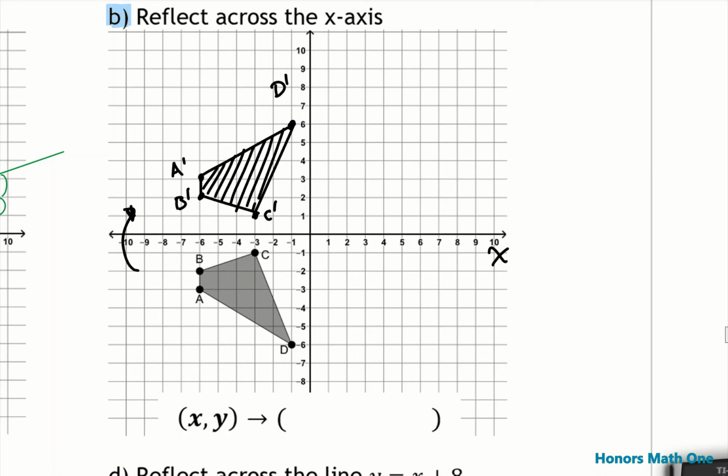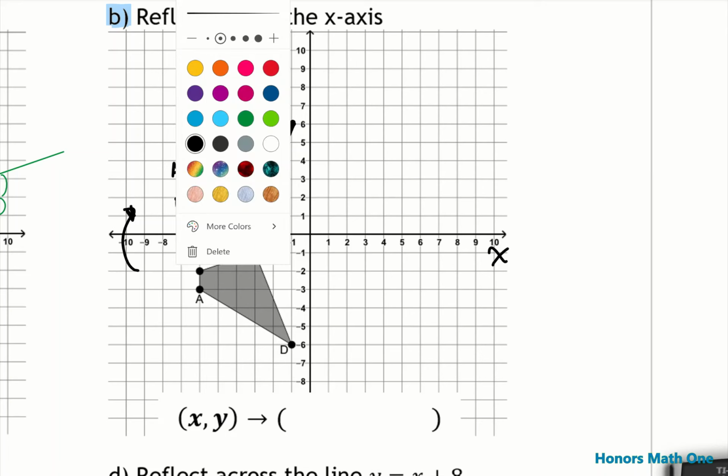And the rule that transforms this is pretty nice. You can see that the x values aren't changing at all, right? For example, A and A prime both are at x is negative 6. C and C prime are both x is negative 3, and D and D prime are both at x is negative 1. So x is always getting mapped exactly to x.